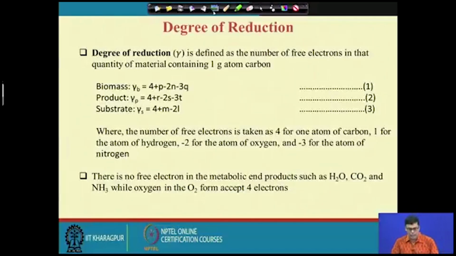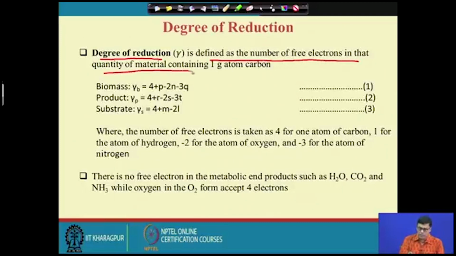Now, let us go here. The degree of reduction is defined as the number of free electrons in that quantity of the material which contains 1 gram atom of carbon.